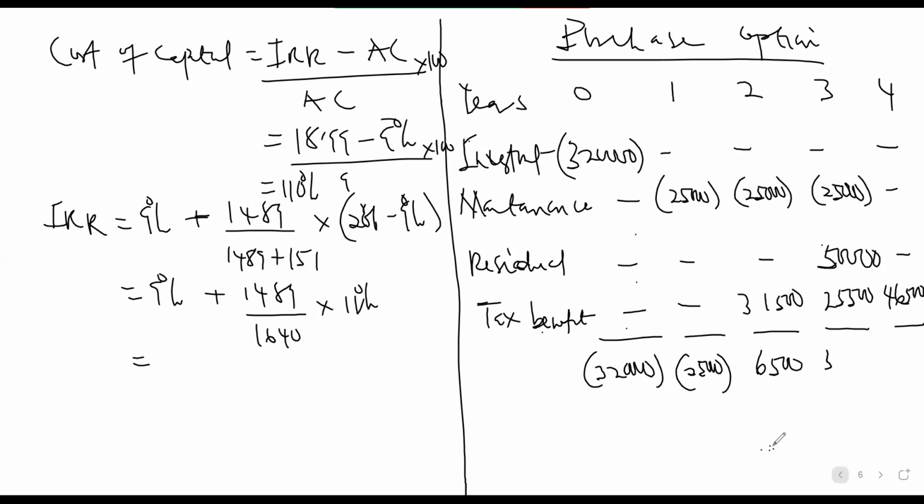Would this be 50,500? And would this be 46,500? That's right. We now look at the discount factor, which is 7%. So let's get the discount factor. Year 0 is 1.00.